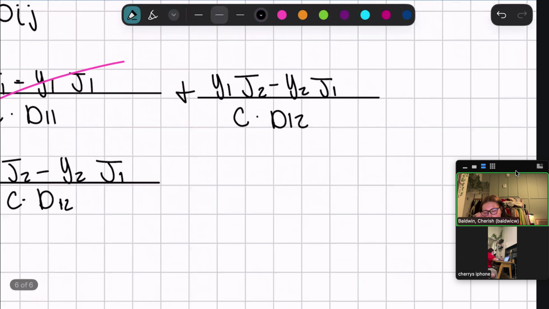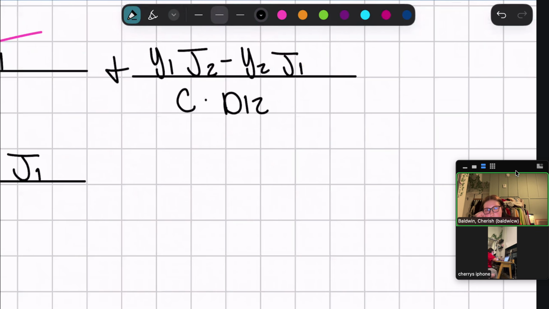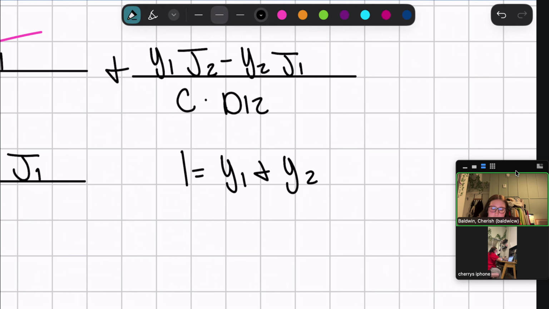And if we think of mole fractions, they always sum to 1. So y1 plus y2 is equal to 1 for ideal situations.